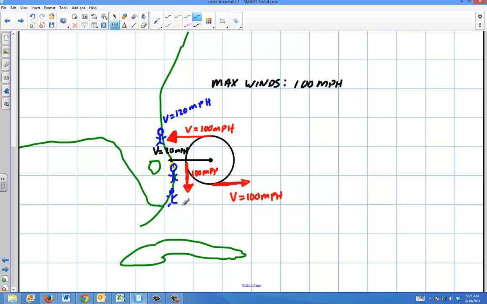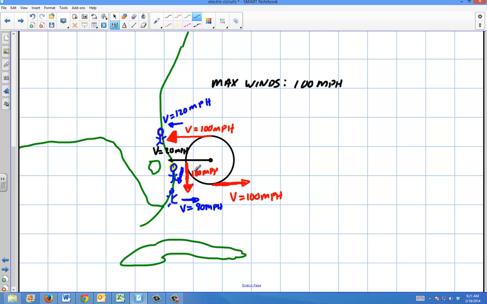So this person's going to see a velocity of 80 miles per hour, going offshore. This one was going onshore at 120. And this one was basically from the north, just tilted a little bit in towards that person.